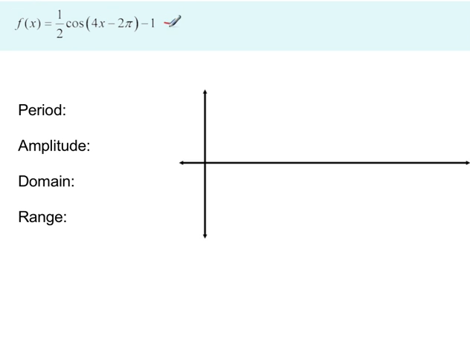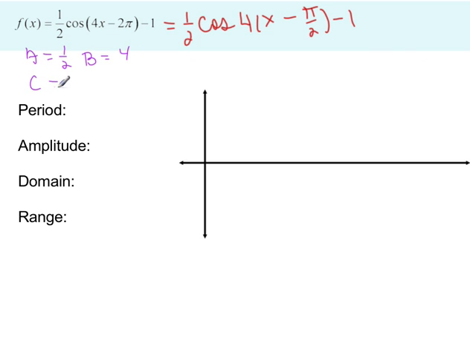So I'm going to do that right now. Okay, so now I can identify what A, B, C, and D are. A is 1/2, B is 4, C is -pi over 2, D is -1.